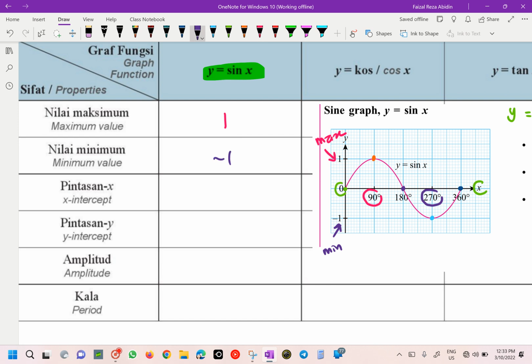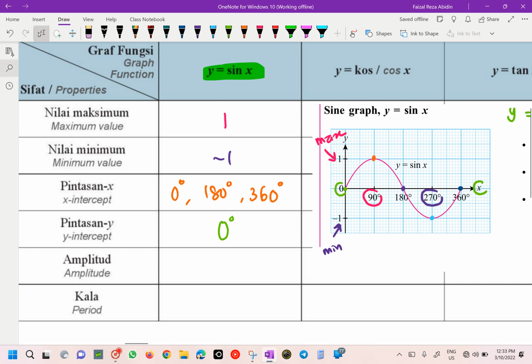X-intercept is going to be 0 degrees, 180 degrees, and 360 degrees. Our y-intercept is going to be 0 there, 0 degrees only. Okay, now, what is amplitude? Okay.